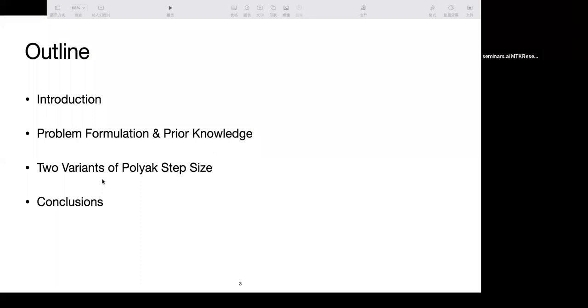Then we propose two variants of Polyak step size and provide their convergence results. And finally, I will give a conclusion. And for the convergence analysis in this talk, I will not present the proof details line by line. Instead, I will focus on the technical issue and the high-level ideas of proofs that I want to convey.